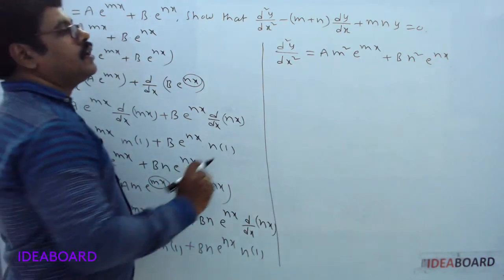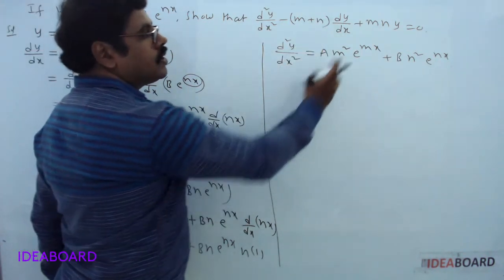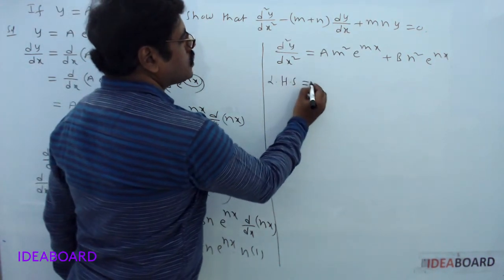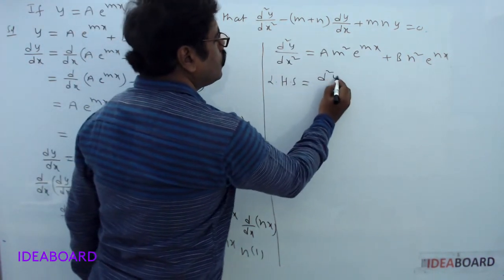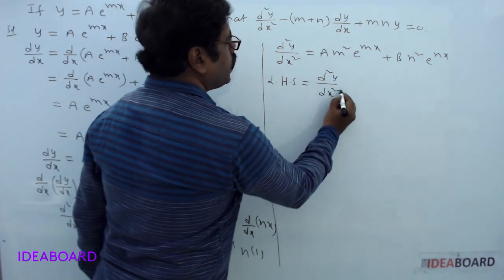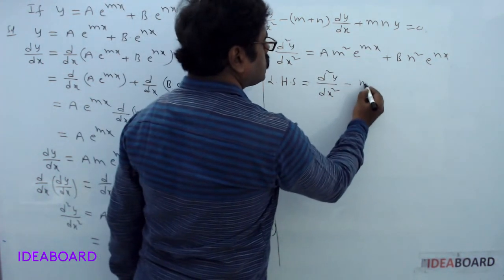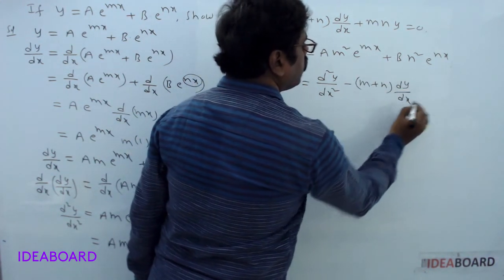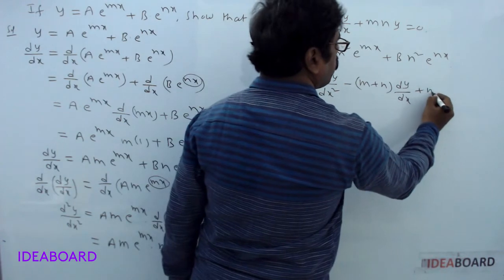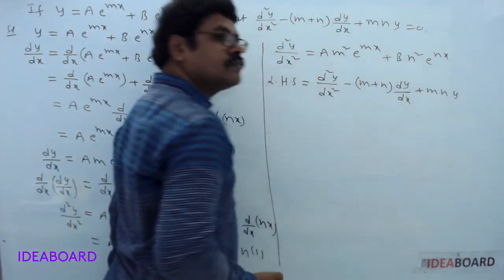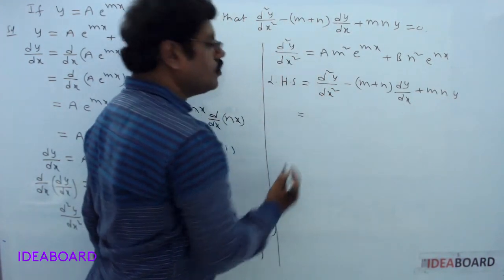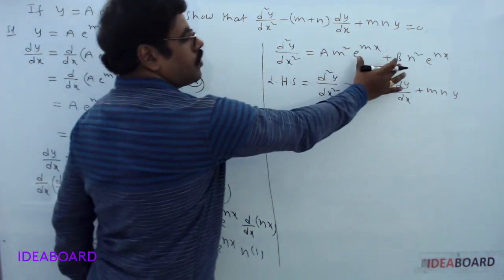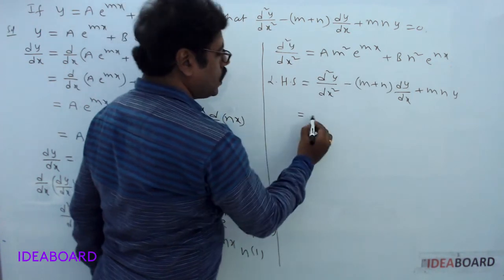Next, take the LHS part in the required equation. So LHS is equals to d square y by dx square minus m plus n into dy by dx plus mny. Now this equals to d square y by dx square. Now substitute the value of d square y by dx square.